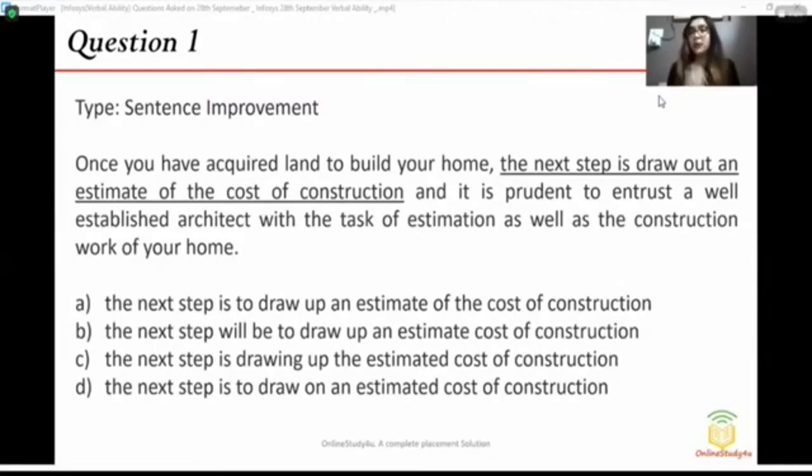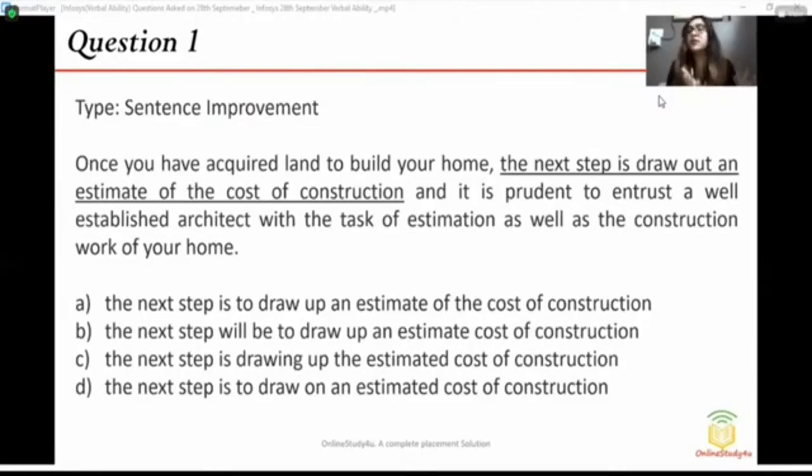Now, in the given question, they have missed a preposition. The next step is to draw up an estimate of cost of construction, right? So will be to draw up, we are not looking at something which is going to happen later. It's saying that this has happened, this is step 1, and now this is step 2.